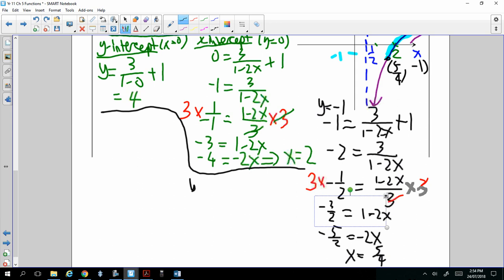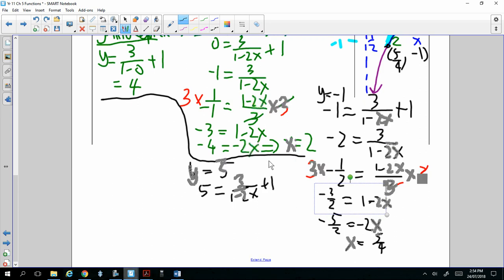And then you get 4 equals 3 over 1 minus 2x. Then you take the reciprocal of both sides, 1/4 equals 1 minus 2x over 3. And then you continue and find 3/4 equals 1 minus 2x. Then subtract 1, you get negative 1/4 equals negative 2x, so x equals 1/8.